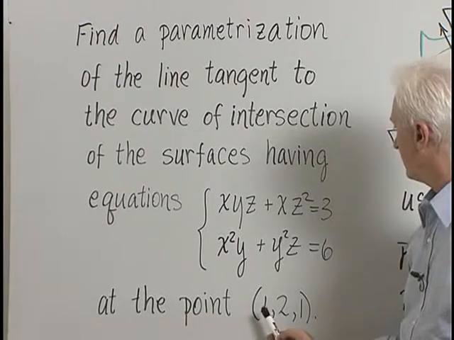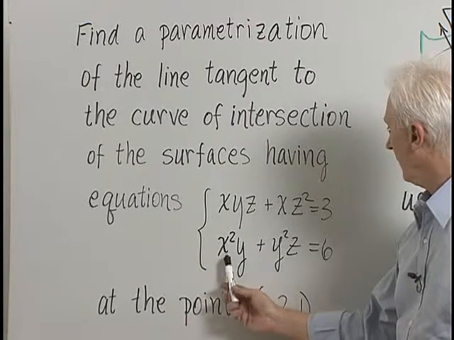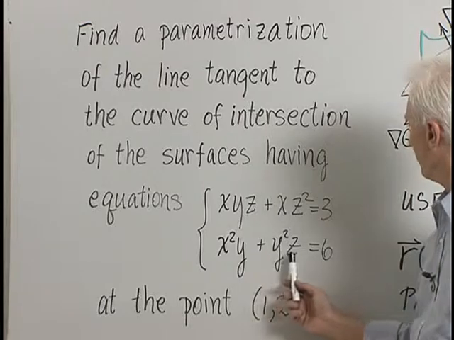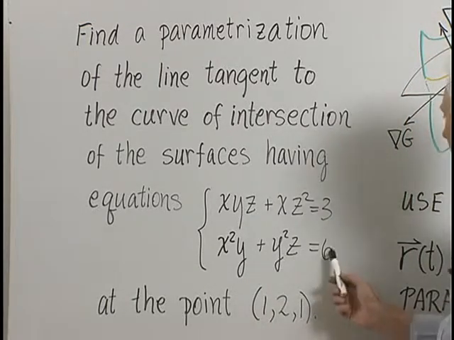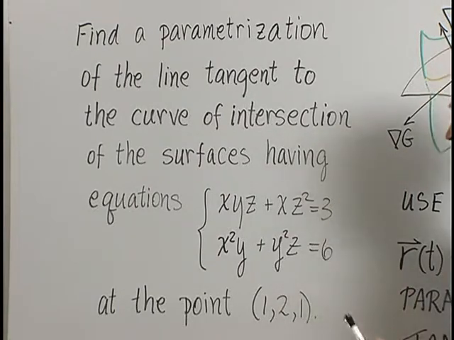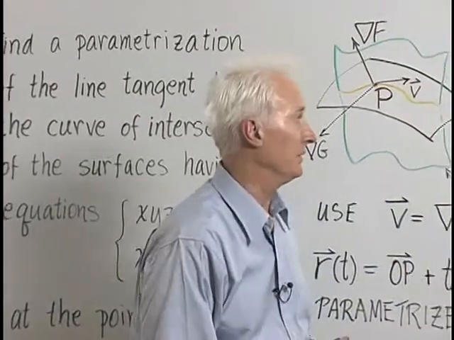And if I take x equal 1, y equal 2, z equal 1 here, I get 1 times 2 is 2, plus 2 squared is 4 times 1, 2 plus 4 is 6, so 1, 2, 1 is definitely on this surface. So this point is definitely on both of these surfaces, and therefore is some point on the intersection of those two surfaces.